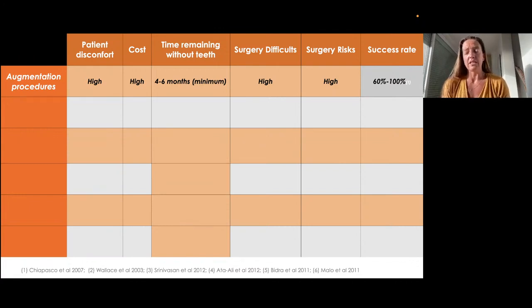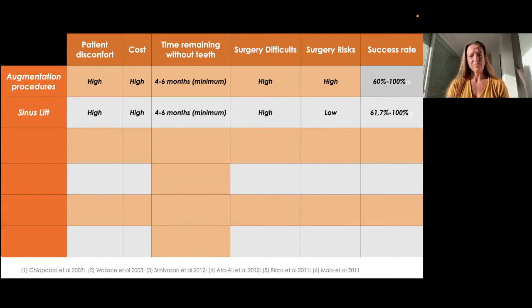Patients will stay at least 4 to 6 months without fixed teeth, and it's more demanding in terms of surgery and in terms of risks. And according to Chiapasco, the success rate depends very much on the surgeon's skills, and it goes between 60% and 100%.